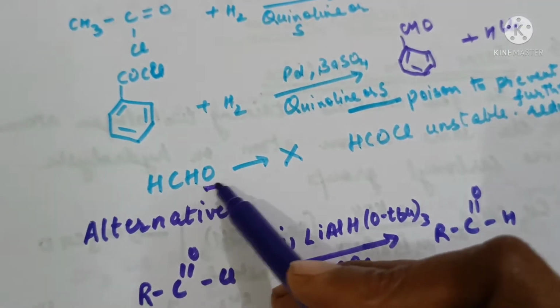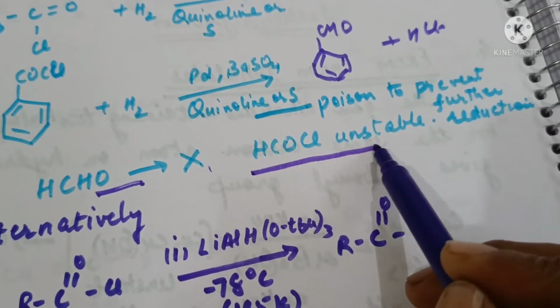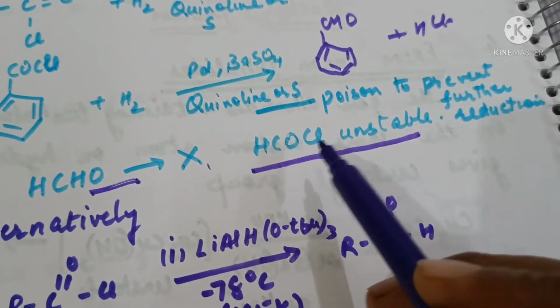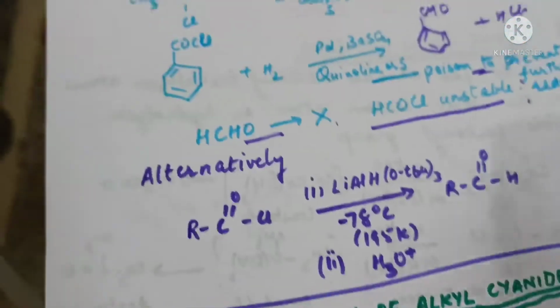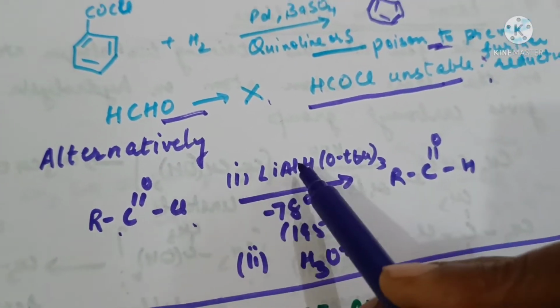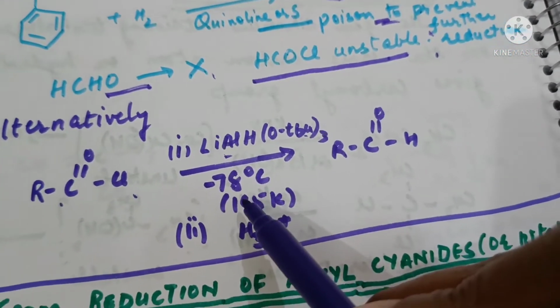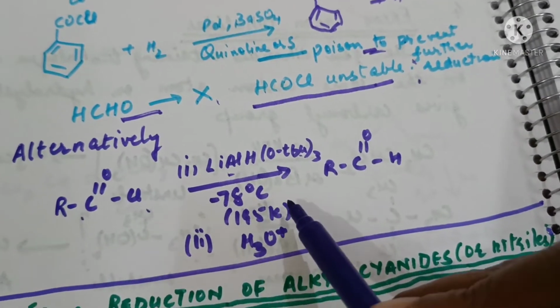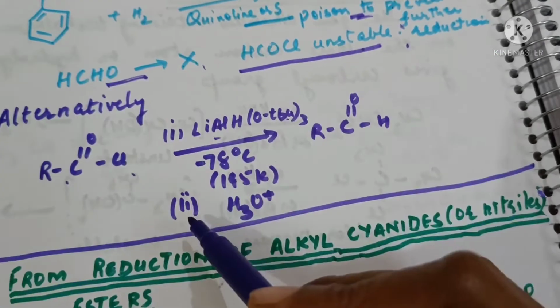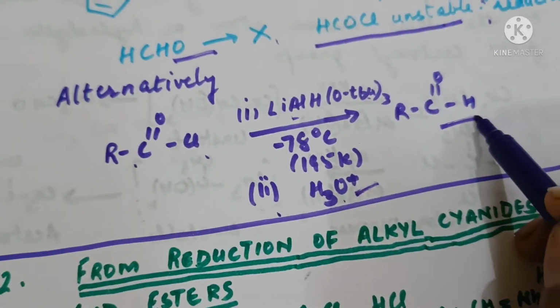The limitation is formaldehyde cannot be prepared by this method because the acid chloride from which it has to be formed is unstable. Alternatively, we can also reduce acid halide with lithium tri-tertiary butoxy aluminium hydride at a temperature of minus 78 degrees centigrade to form a compound which is then hydrolyzed to form aldehyde.